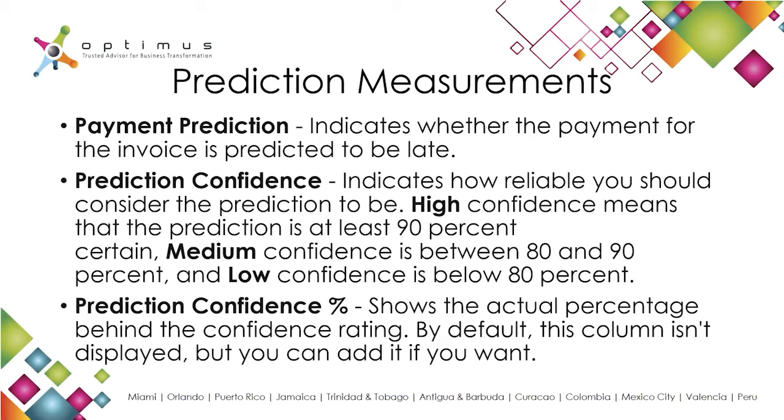Actually, under 80%, we can consider that we cannot even predict what's going on with a customer. Above 80% is based on the payments and the historical information, how often this customer is paying, maybe on a weekly or a monthly basis.